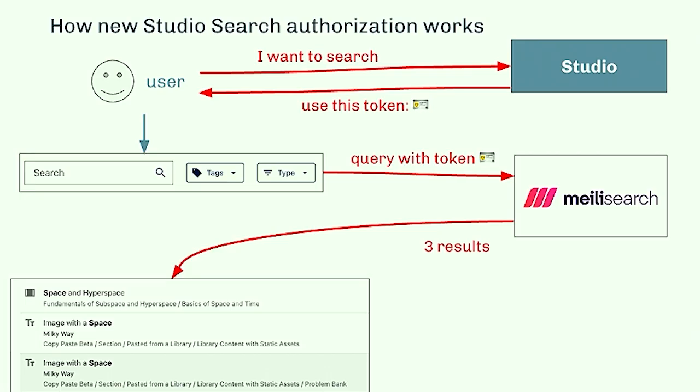So another approach is just index the 95% of content that all users are allowed to see in each course, and then just exclude the more complicated stuff with really elaborate rules from the search results, or add them in as a separate result that is processed by Studio and injected into the results later, something like that. So I don't know if there's a perfect answer, but I think there's a few things we can try, and we can get to something that's more performant and avoids the issues we've had.